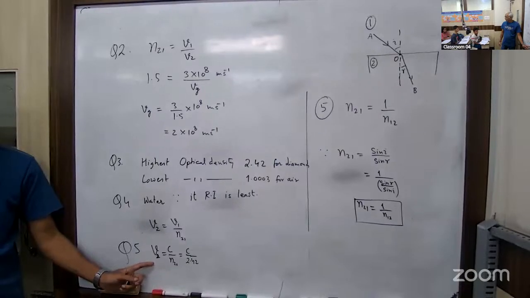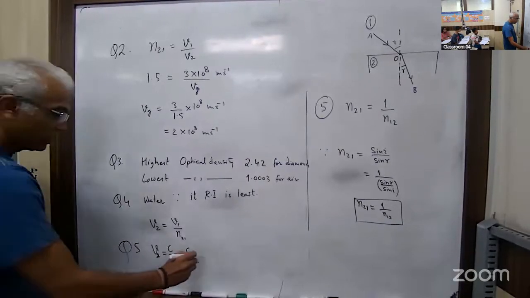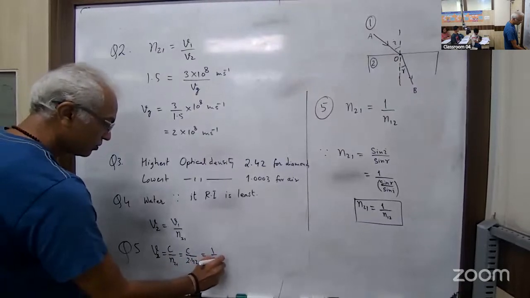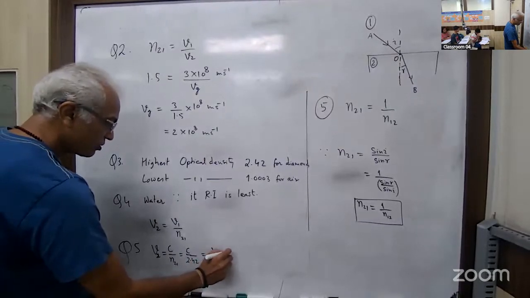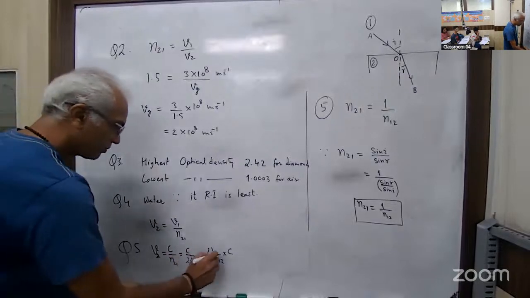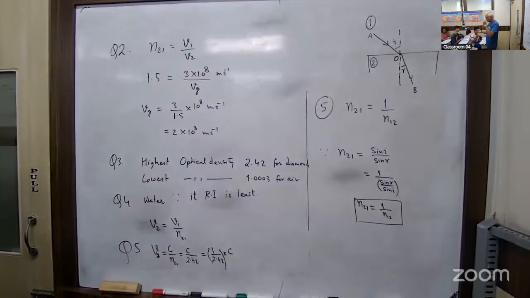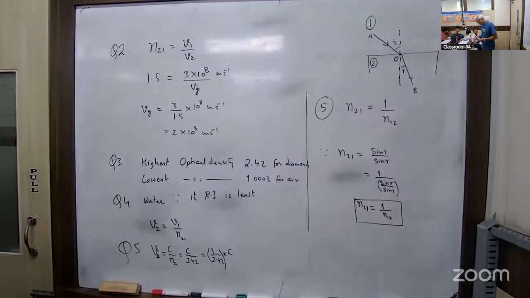Understood? What is the speed of light in diamond? About 1/2 of its speed in air. This factor has come. So refractive index is the factor by which the speed of light reduces in the given medium. Understood? Let's move ahead.